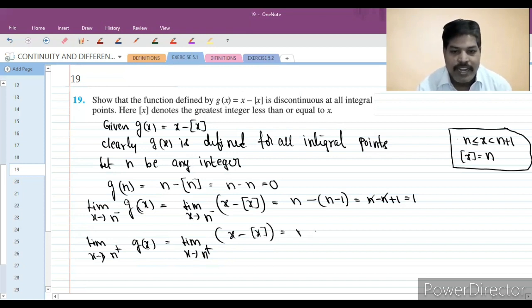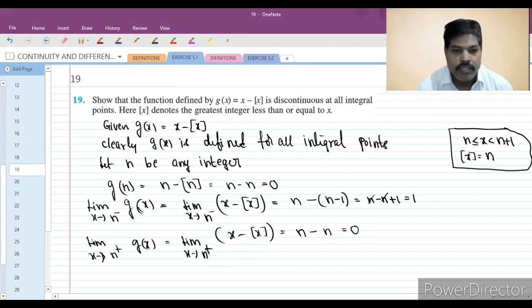Apply the limit from n plus. The x value is more than n, meaning x lies in between n and n plus 1. So in that case, the step x value will become n. So it will become 0.